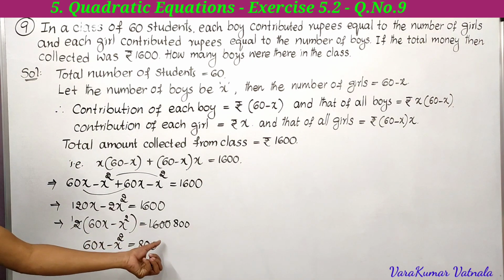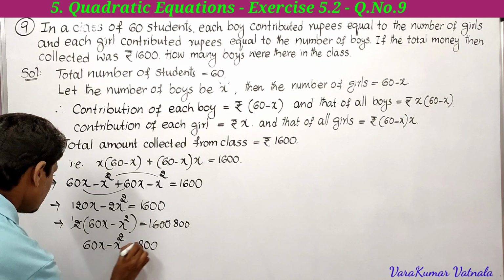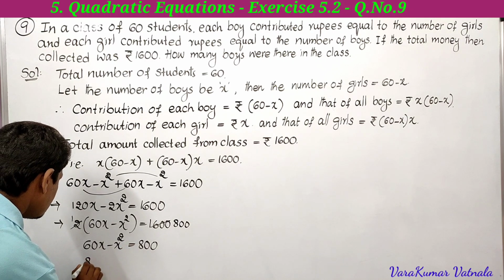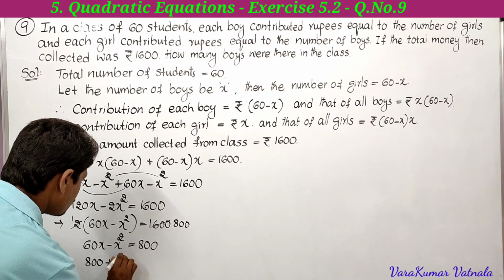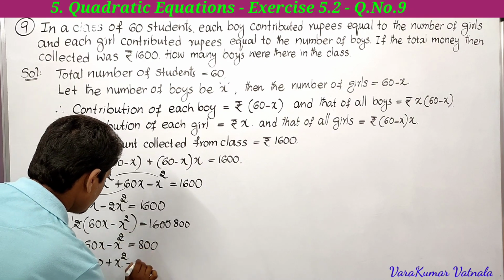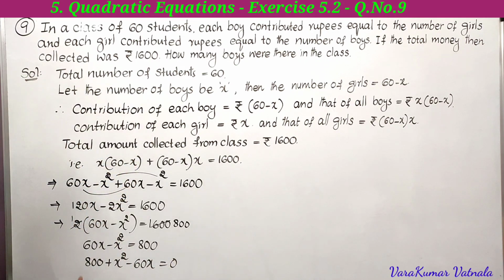So now take these two terms to the right side. Finally we get, already 800 is there, so minus x square becomes plus x square, plus 60x becomes minus 60x, is equal to 0. Now it is not in its standard form, so we write x square minus 60x, then after that the constant term.